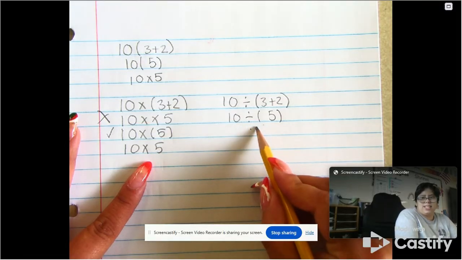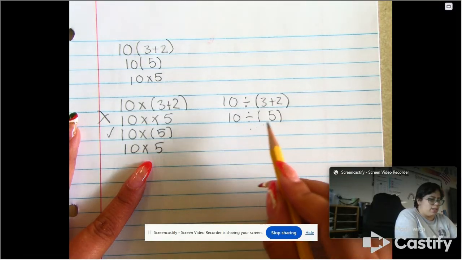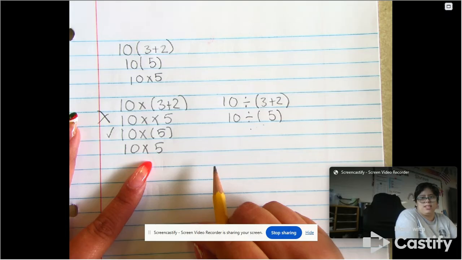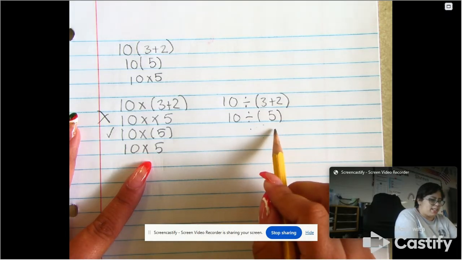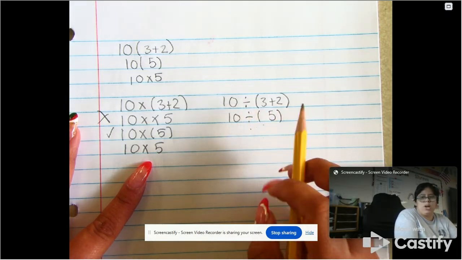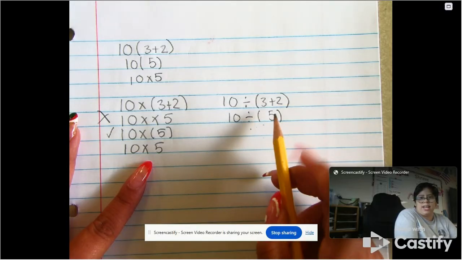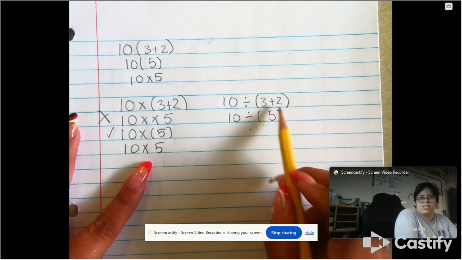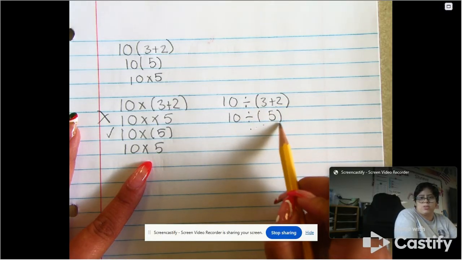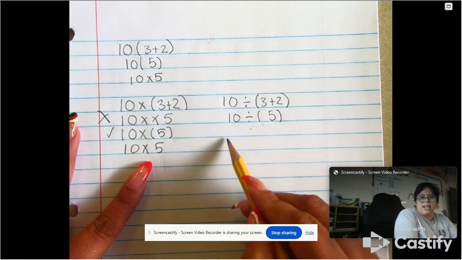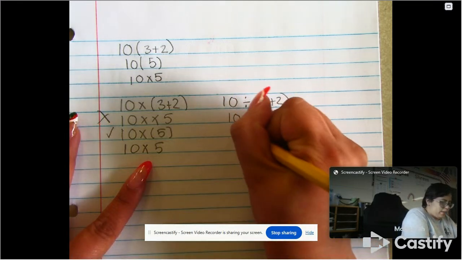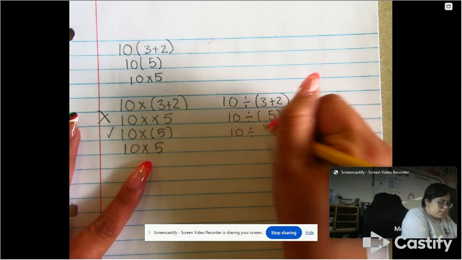In this case, we just ignore that the parenthesis exists. As you are practicing, like I said, only change one thing at a time. So we would solve 3 plus 2 and put that in here, keep those parentheses, and then in our next step, we would get rid of the parentheses and do 10 divided by 5.